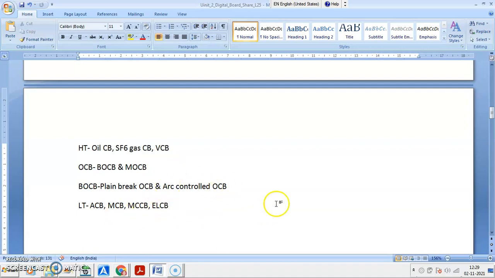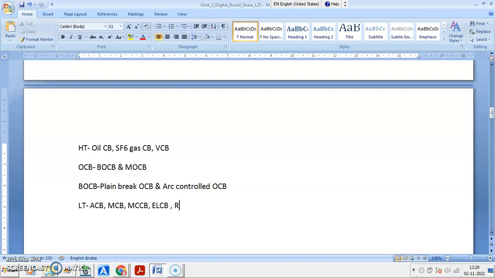Normally these circuit breakers are especially used for domestic and LT applications. ACB air circuit breaker, miniature circuit breaker, molded case circuit breaker, MCB miniature circuit breaker, then earth leakage circuit breaker.